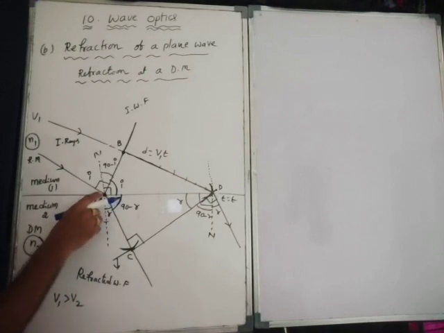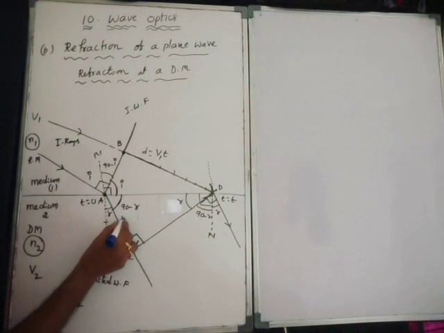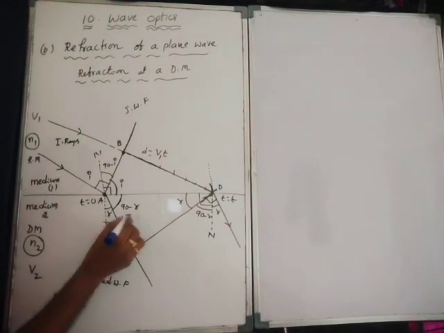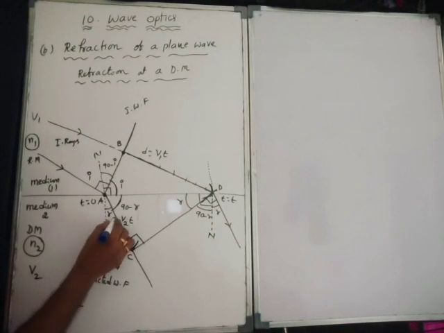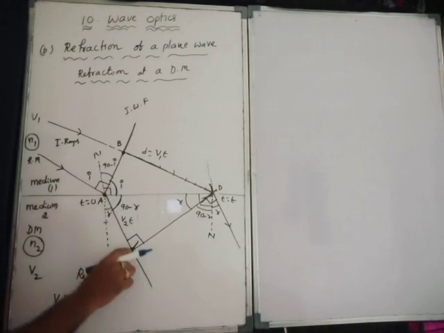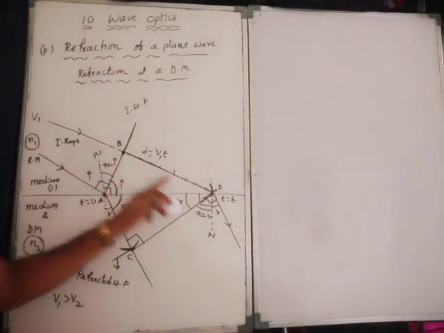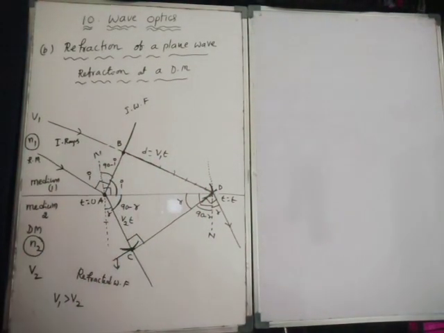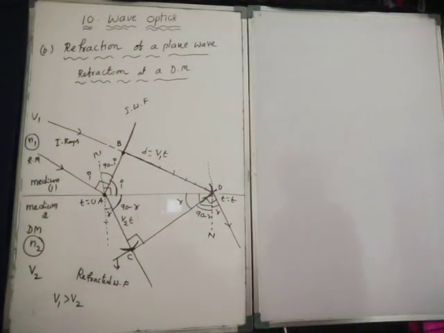Similarly, this refracted ray will meet here. Here the velocity is V2, so the distance from here to here is V2 into t. So we got the diagram, the refraction related diagram.